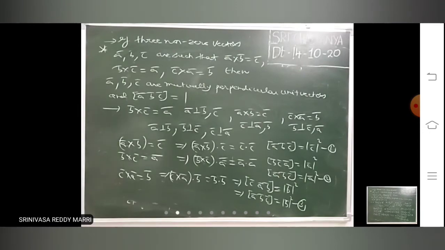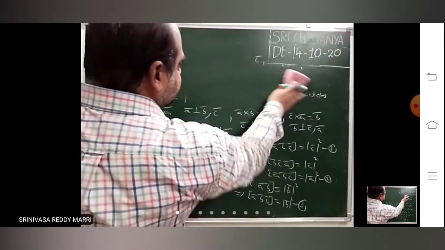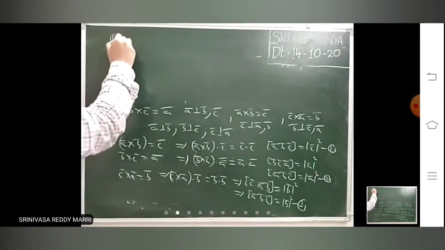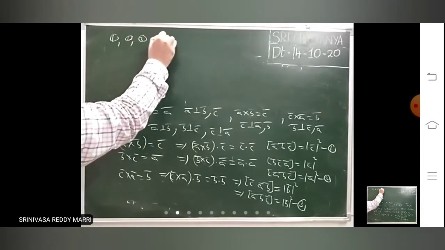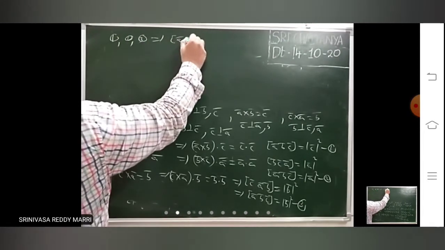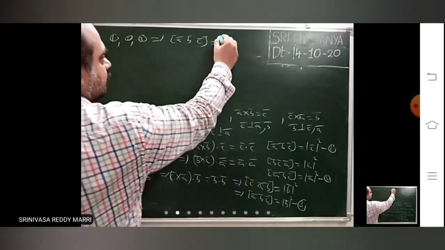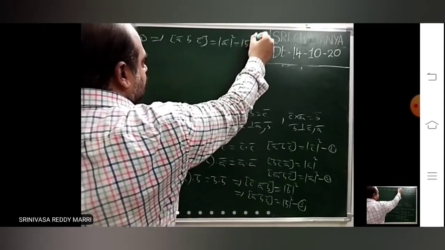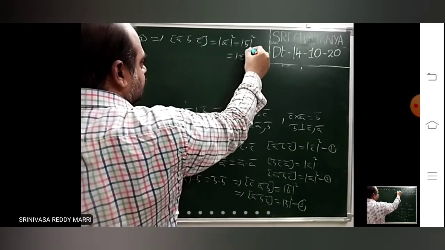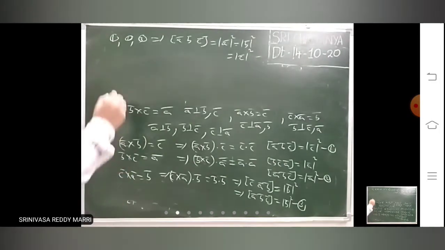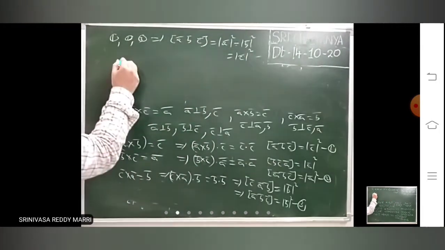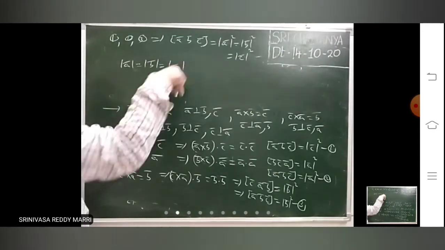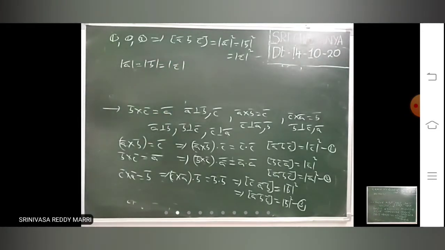So 1 and 2 and 3 implies we got box, this, you got this one. So therefore we can say that as these three are equal, modulus A bar equal to modulus B bar equal to modulus C bar.